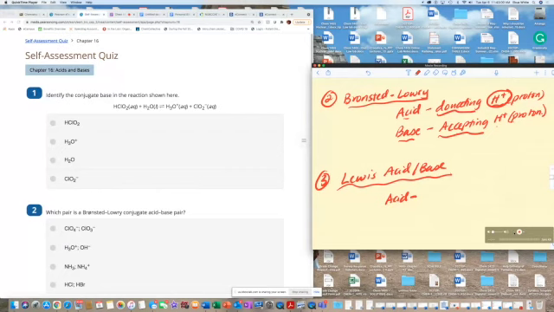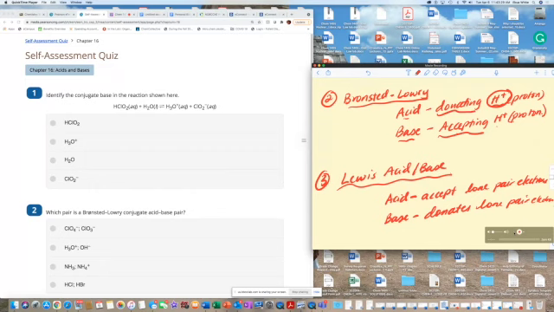Okay? So the acid is the chemical that can accept lone pair electrons. And then the base this time is the one that donates the lone pair electrons. Okay?